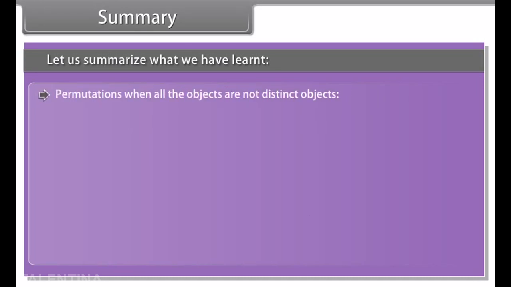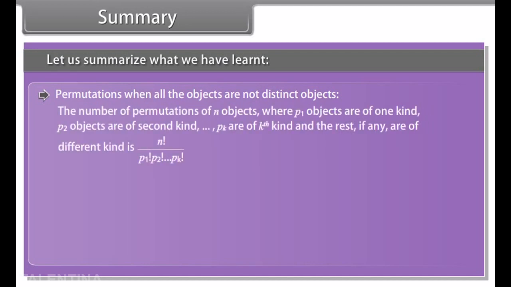Permutations when all the objects are not distinct: the number of permutations of n objects where p1 objects are of one kind, p2 objects are of second kind, up to pk of the kth kind, and the rest, if any, are of different kind, is n factorial divided by p1 factorial into p2 factorial up to pk factorial.